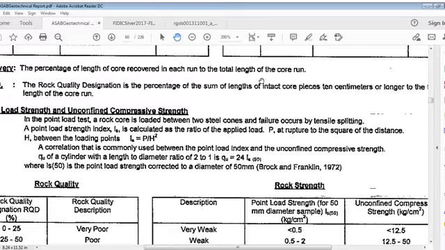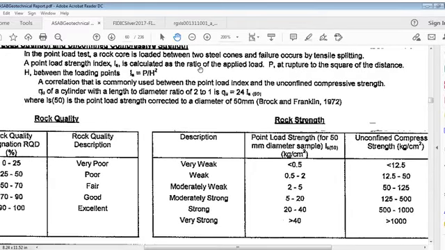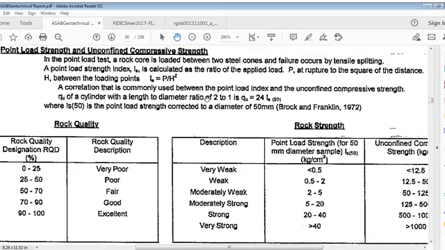We will discuss this. Point load strength and unconfined compressive strength.